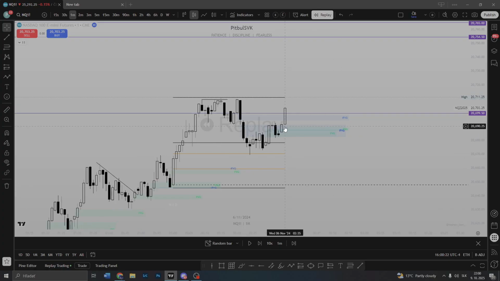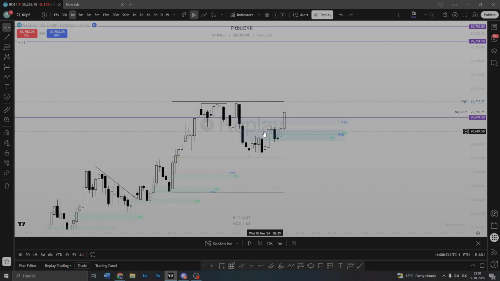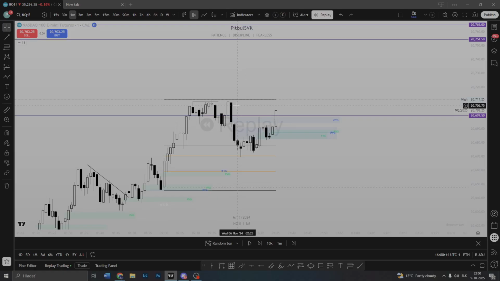I want to say, before this candle printed, I don't like the speed of these candles. We retested the EQ, we tapped the OTE, but the speed of it is kind of sus. With this candle, it's still possible they will close higher, but this looks like we are drawing to something.